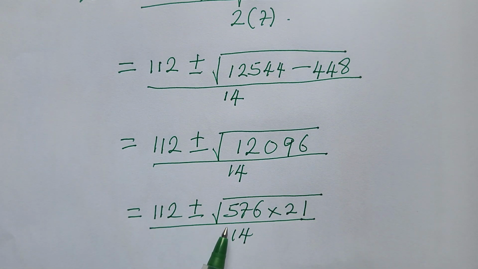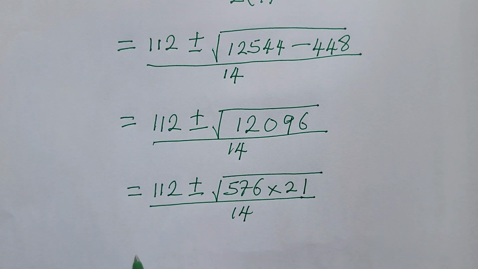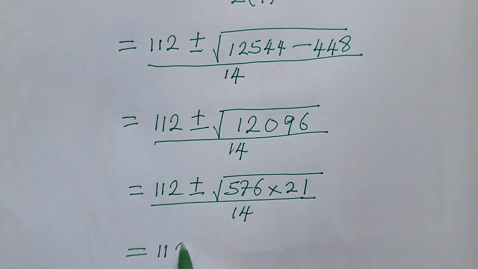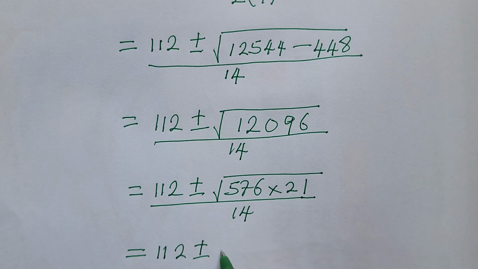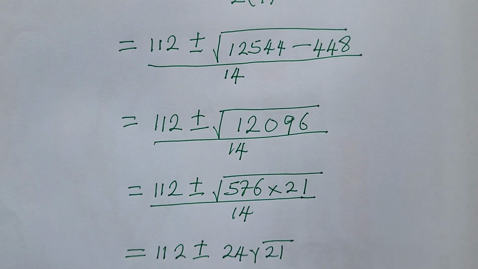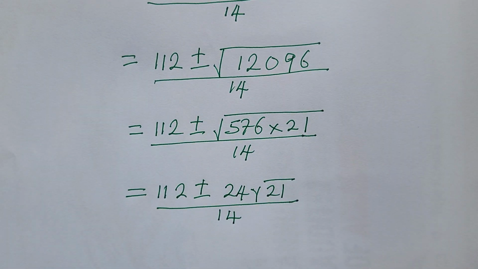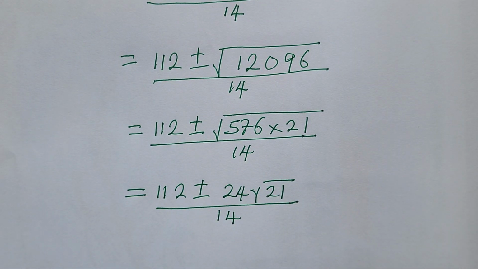So what is the square root of 576? That will give us 24. So this will come out. So this is going to give us 112 plus minus 24 square root of 21, everything all over 14. We can use something to divide each of them, or better still, this can go into the whole of this.